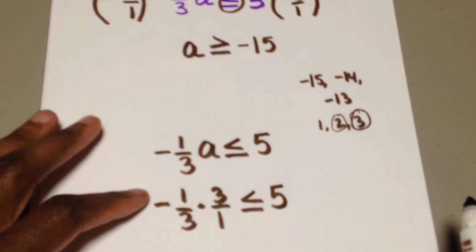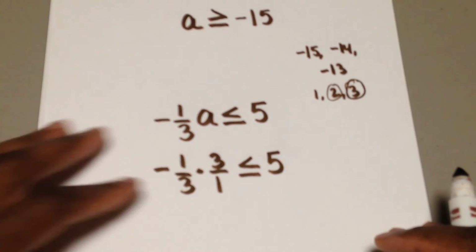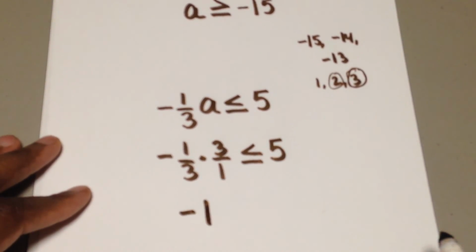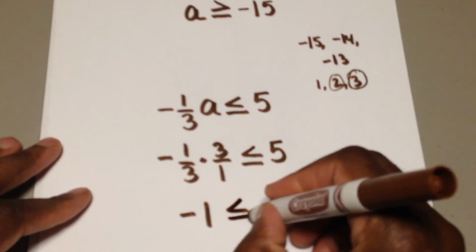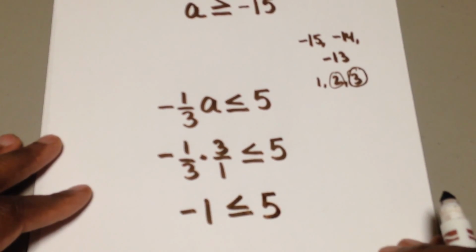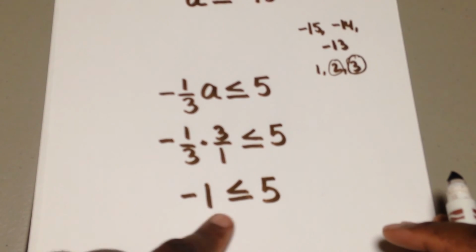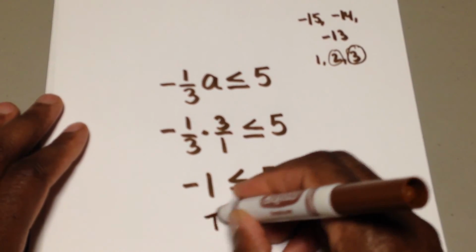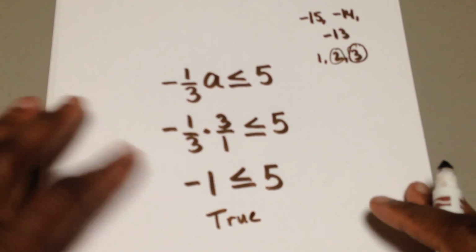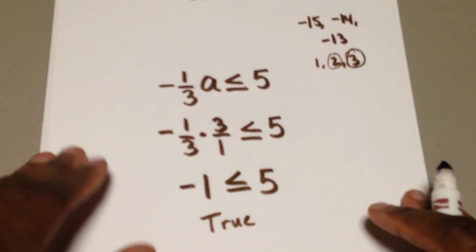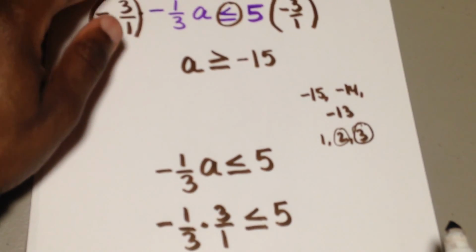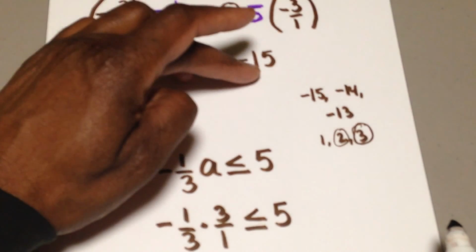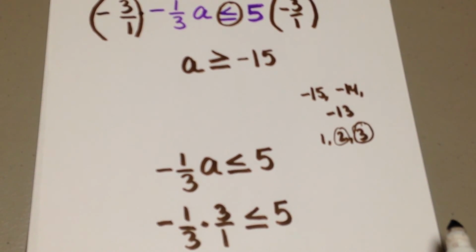When I do the math of negative 1/3 multiplied by 3 over 1, I get negative 1. And I got negative 1 is less than 5. Is that true? Is negative 1 less than 5? Yes, it is. Because this is a true statement, the solution set of a being greater than or equal to negative 15 is going to be the solution set.